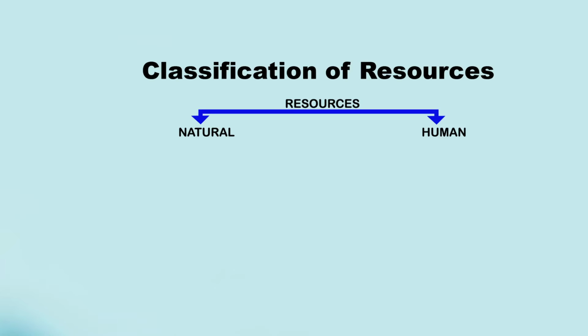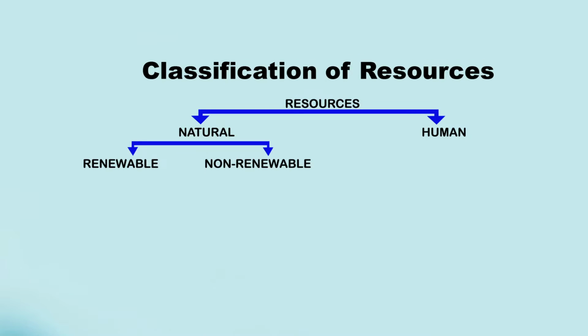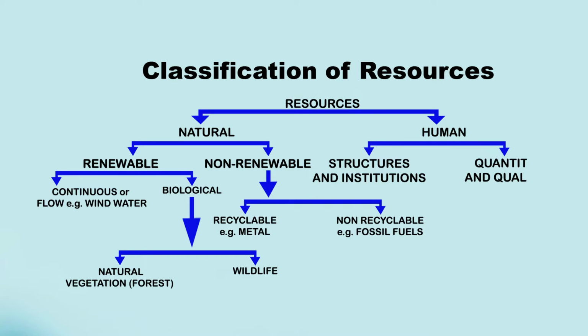Resources are broadly classified into two types: natural resources and human resources. Natural resources are further classified into renewable and non-renewable. The renewable resources can be continuous or flow resources like wind and water, and biological resources like forests and wildlife.